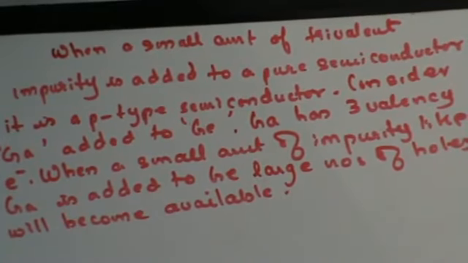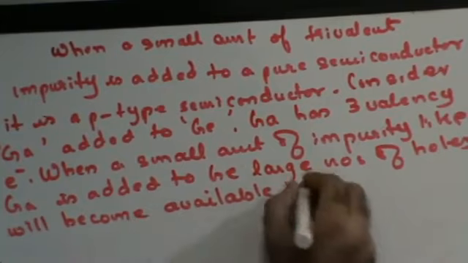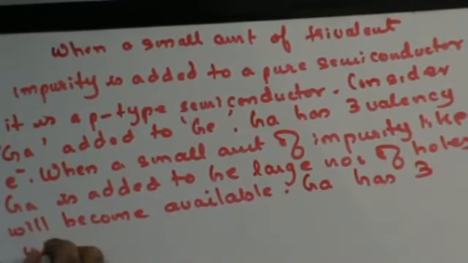Right? Do we get this in here? Now, gallium has 3 valency electrons. Right?